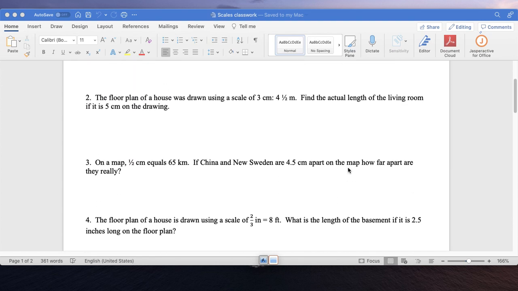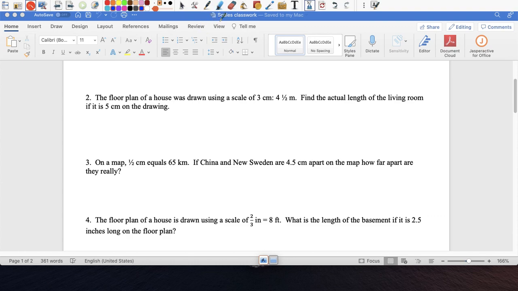Painful. A plan of a house is drawn using a scale of 3 centimeters. So again, the scale says 3 centimeters for every 4.5 meters in real life. Find the actual length of the living room if it's 5 centimeters on the drawing. So again, centimeters on top, meters on the bottom. 5 centimeters, 5 centimeters, go over here.